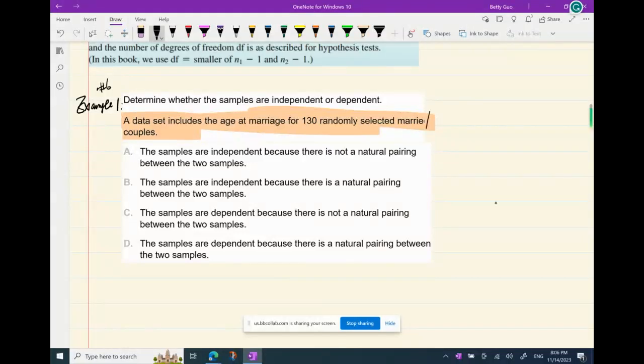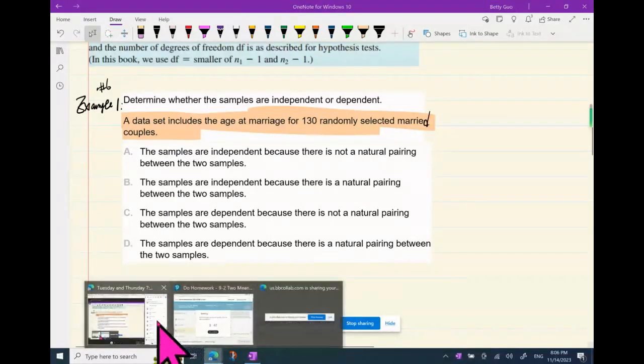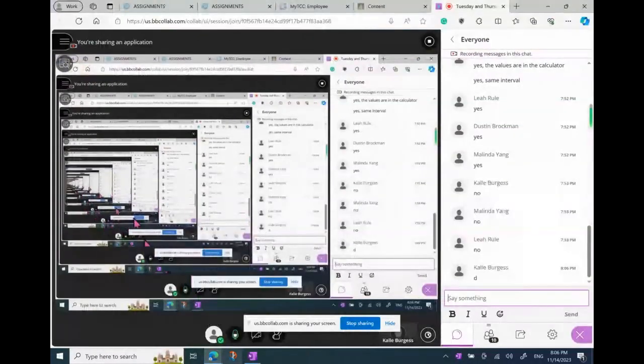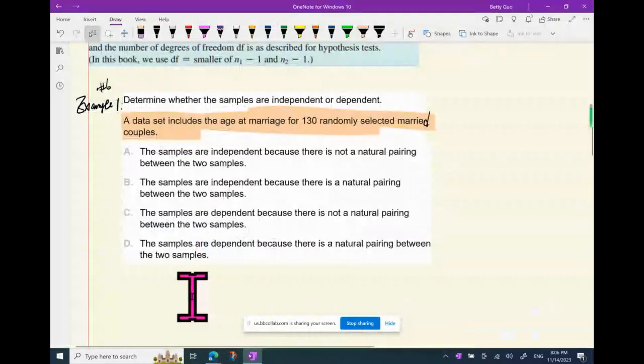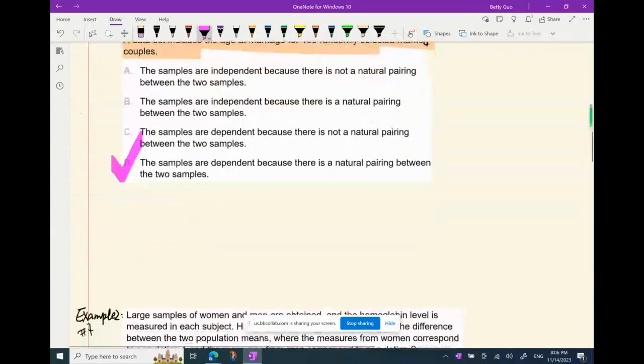Read A, B, C, D and let me know what you would choose. When I see married couples, husband and wife, it's actually in the definition. D. Awesome, thank you, Kelly. I agree, it is D, because with husband and wife the values match, a very meaningful relationship. The samples are dependent since there is a natural pairing between the two samples.